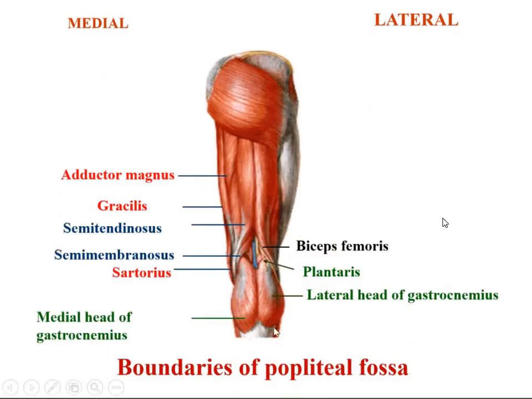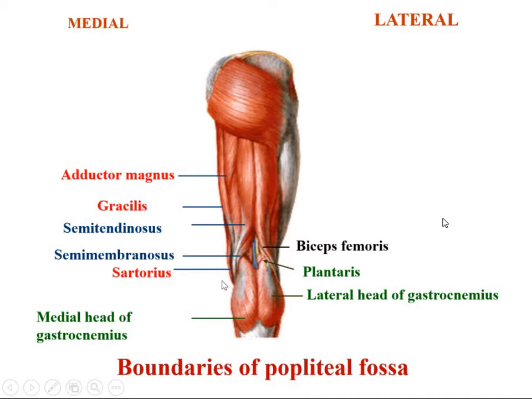If you see another diagram, you have semimembranosus and semitendinosus from above, then the tendon of biceps femoris from above and laterally, and inferiorly we have gastrocnemius, medial and lateral head, and a small muscle, the plantaris. This one is plantaris.